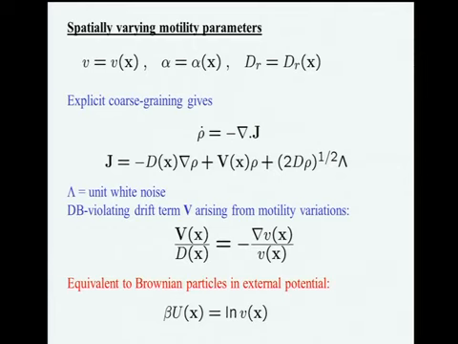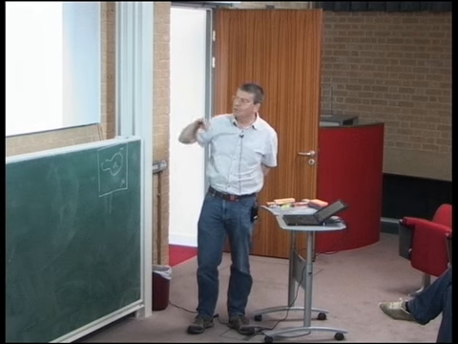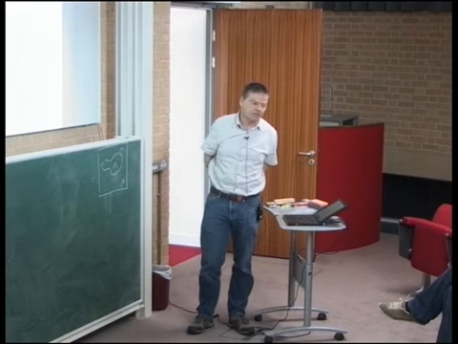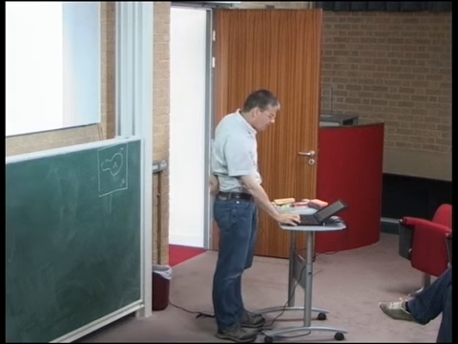So if I just have a system of these particles, each independently undergoing the run and tumble or active Brownian process in an environment where the parameters depend on where it is, then this equation is explicitly equivalent at large length and time scales to ordinary Brownian particles in an external potential. So it's not really there, this external potential, but they behave as if it was there, and the potential is log V. And as I say, alpha and Dr don't actually matter for that.